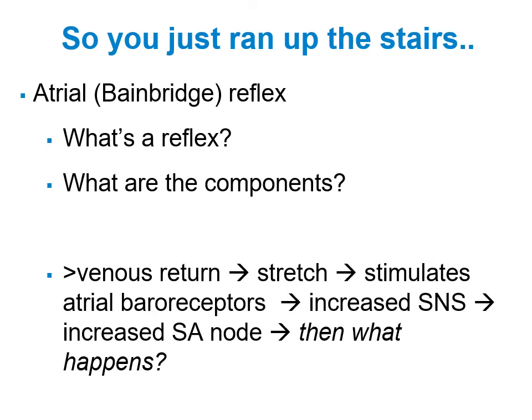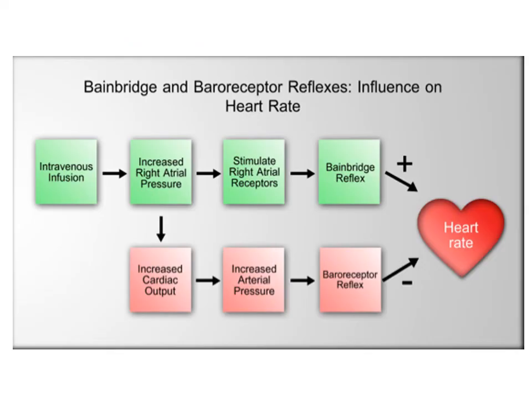That stimulates atrial baroreceptors. This increases sympathetic nervous system stimulation and heart rate rises. A graphic of the atrial or Bainbridge reflex. Note how there is also an inhibitory reflex.